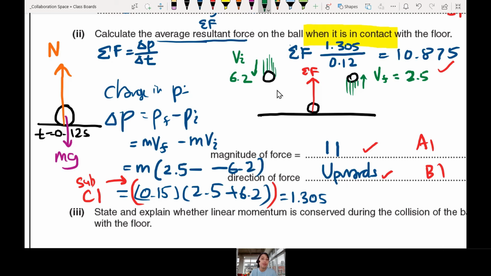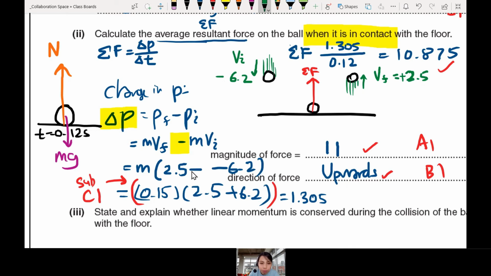But velocity has direction, one goes down, one goes up. They have to be different signs. So which one do you want to be negative? Since we're doing final minus initial, okay, why this minus? This minus is because we're finding the change in momentum. Final minus initial. So final velocity minus initial velocity. So then we say, okay, if final is going to be positive, then the other one moving down has to be negative. Because they're in opposite directions.